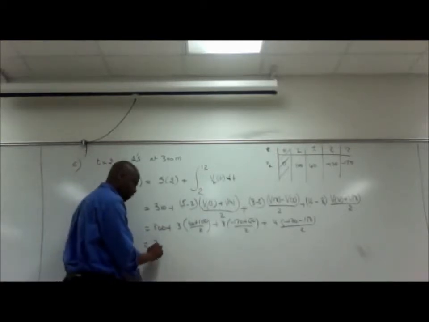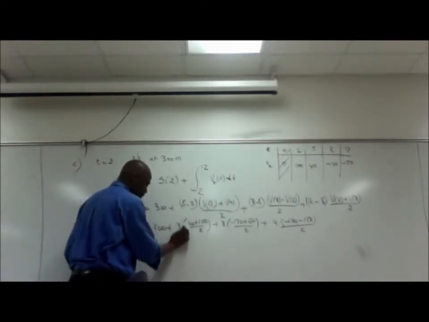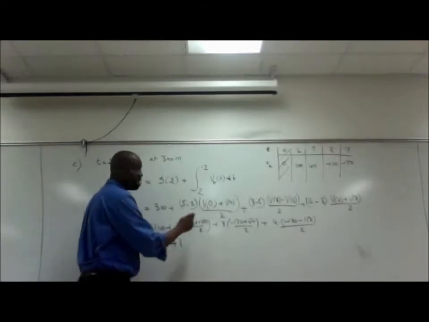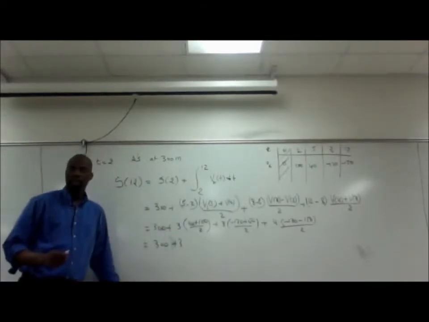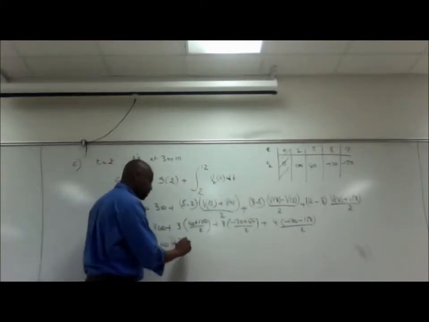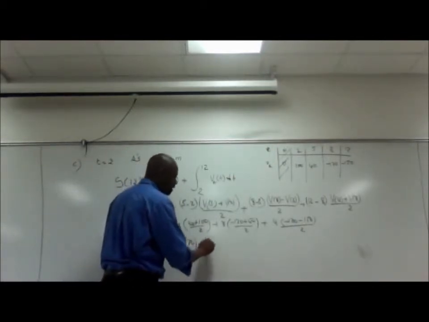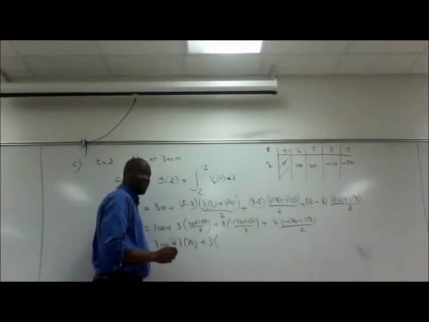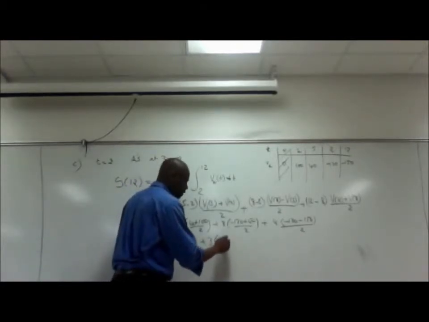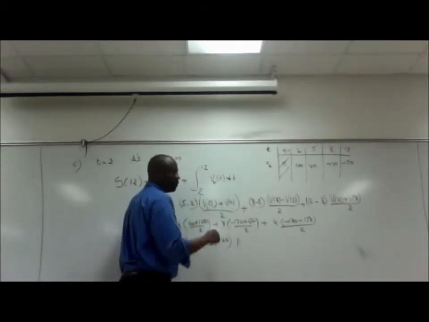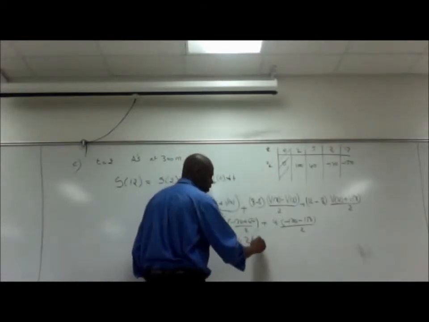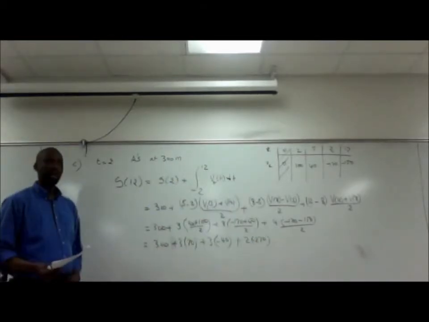So it's going to be 300 plus 3 times 140 divided by 2, which is 70, so 3 times 70, plus 3 times negative 80 divided by 2, which is negative 40, plus 2 times negative 270. You don't have to worry about a calculator.